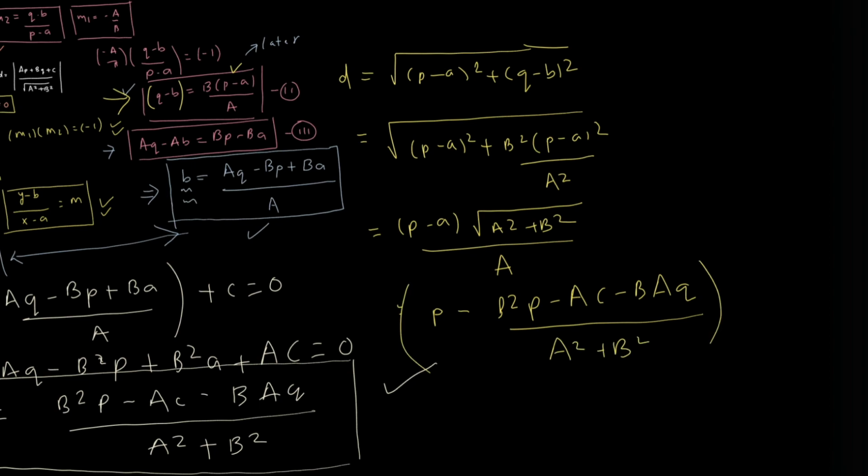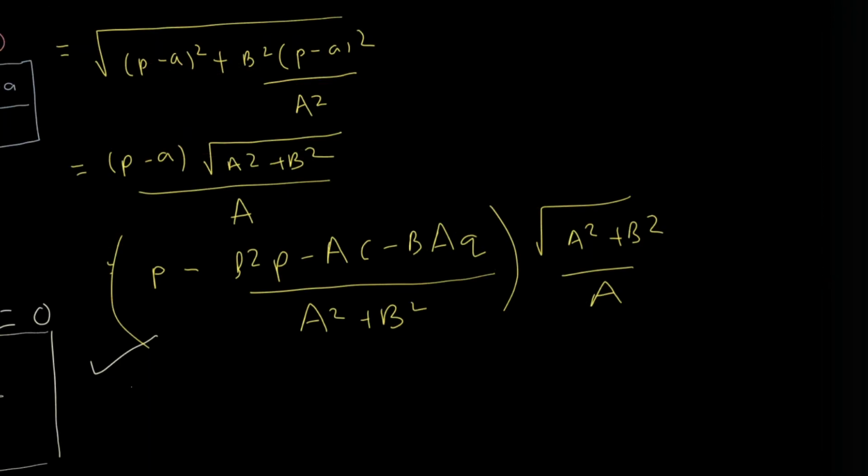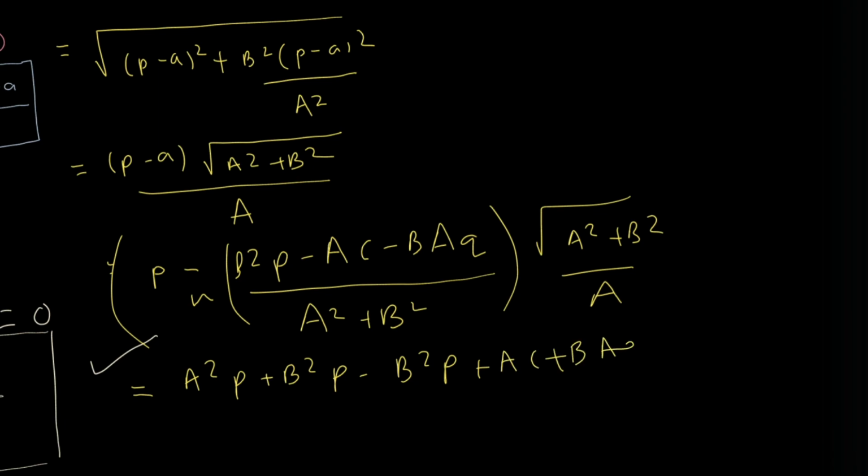This thing getting multiplied with the square root of a square plus b square divided by a. Now in the next step, first of all, I will take the LCM. Therefore a square p plus b square p minus b square p. Now because of this negative, we have to change the sign inside. Therefore positive ac, positive baq.